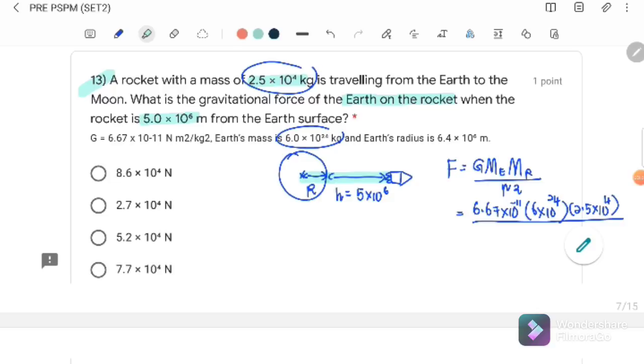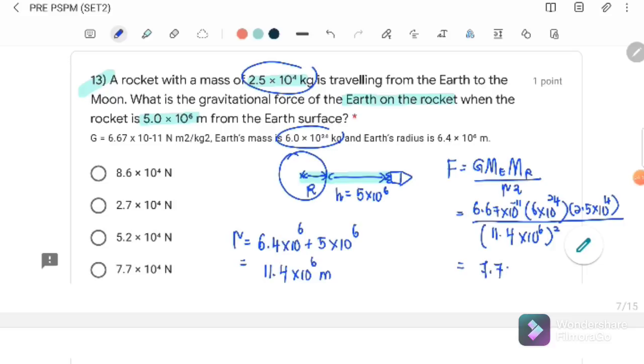The radius here is the radius of the Earth plus the altitude, so r is 6.4 exponent 6 plus the altitude 5 exponent 6. Where r is equal to 11.4 exponent 6 meter. We substitute into the equation, 11.4 exponent 6 squared. Finally, we will get 7.7 exponent positive 4 Newton. So the answer is D.